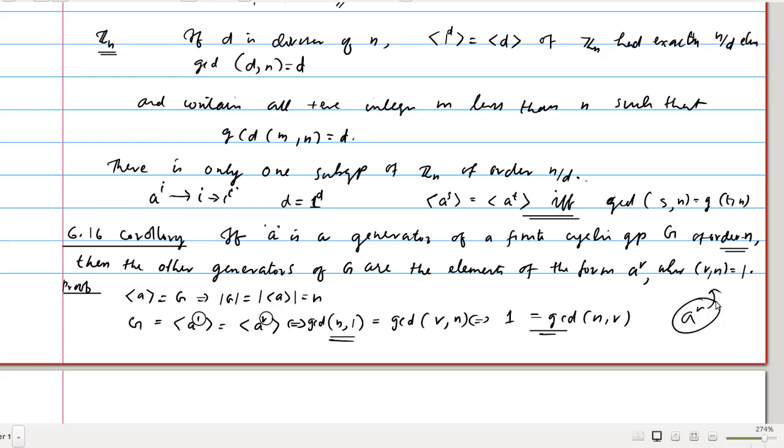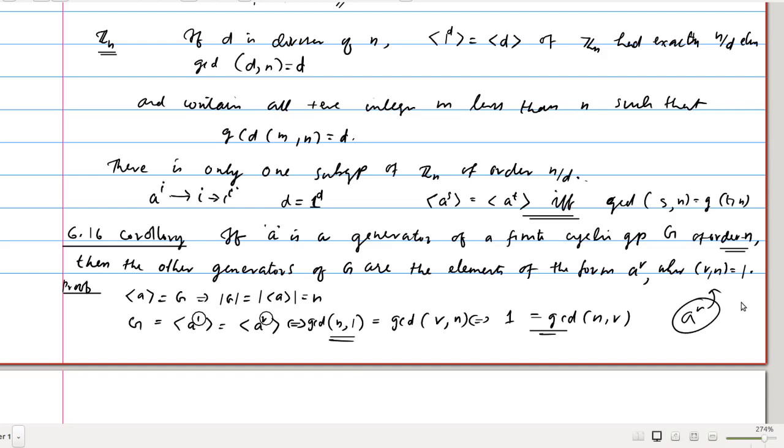With this we can conclude section 6 as well as module 1, and from the next class onwards we will discuss module 2. Before that, you have to go through all the examples and exercise problems of this module 1, and please come up with your doubts.